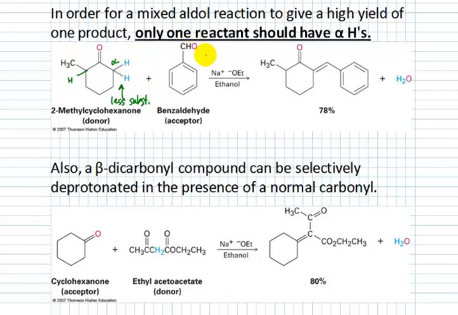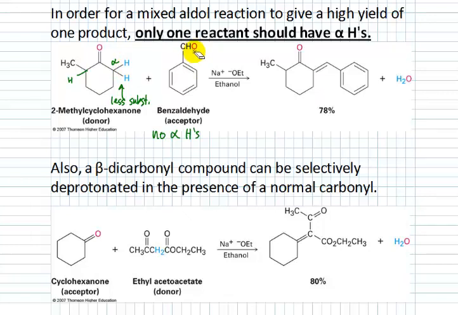That can react to benzaldehyde that has no alpha hydrogens, right? CHO next to benzene. The alpha position in benzaldehyde is the benzene carbon that it's attached to, and there's no H's on that. So this reaction can have really no choice. If we can deprotonate right here, we can selectively get that to attack the aldehyde.